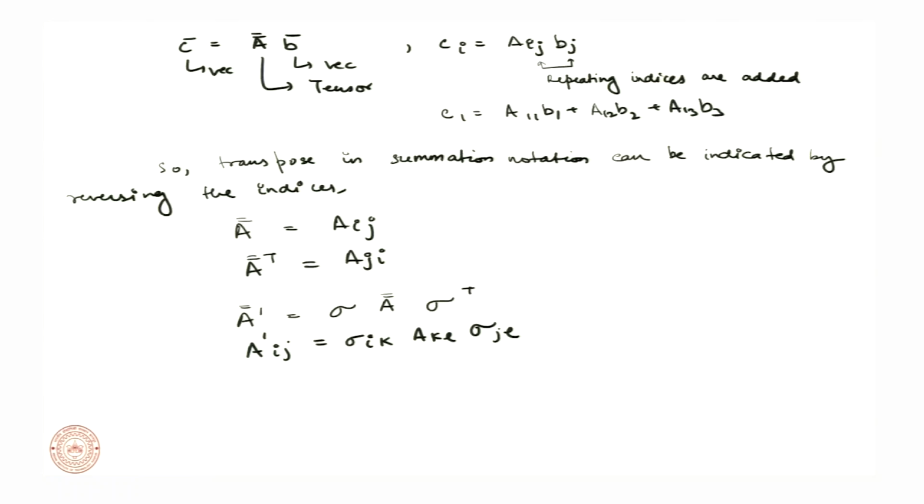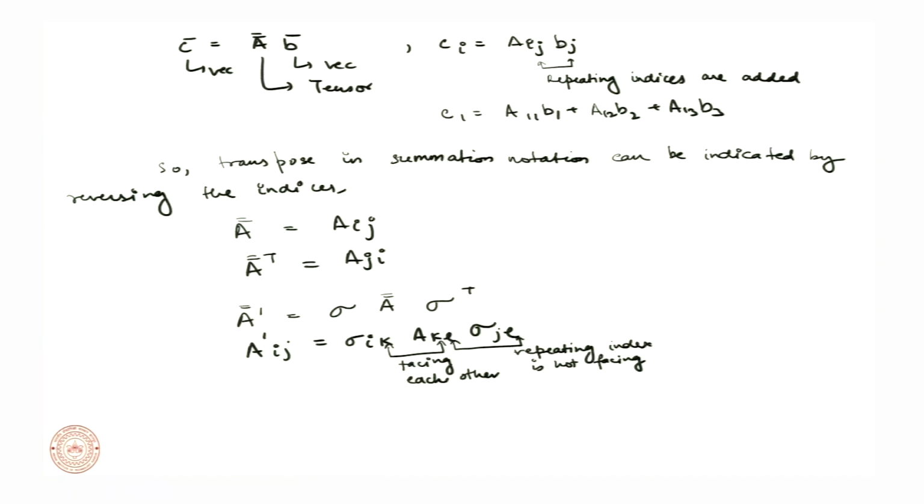We can see that these indices are facing each other, that means sigma is not transposed. In this case, these indices are not facing each other, so the repeating index is not facing. In that case, sigma is transposed.